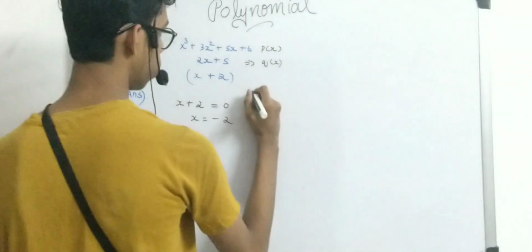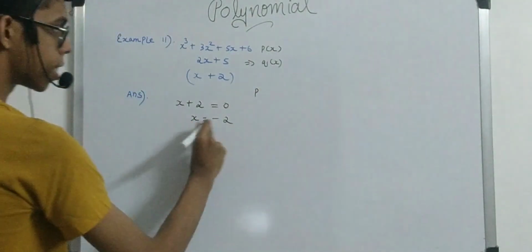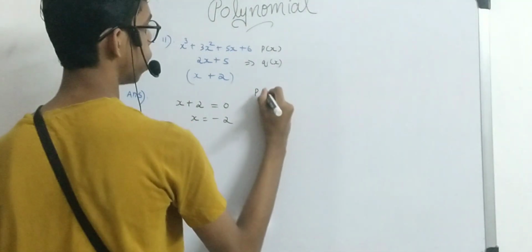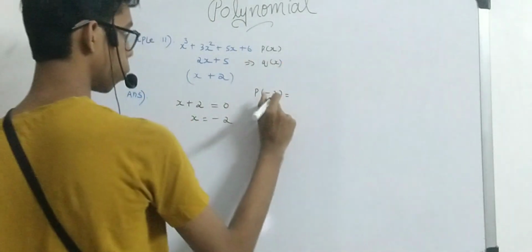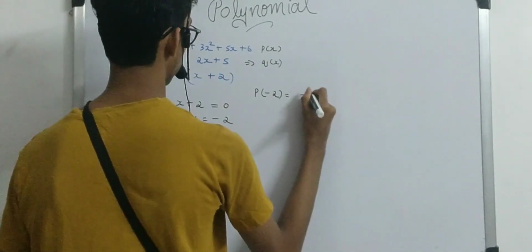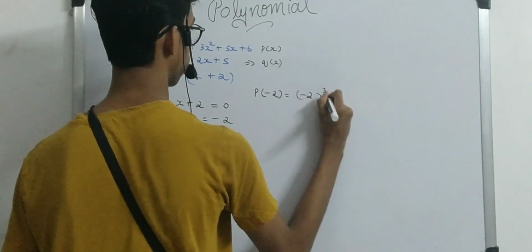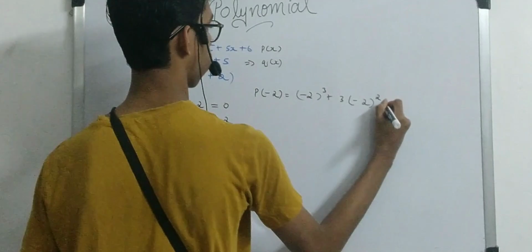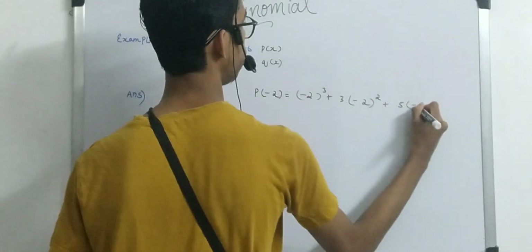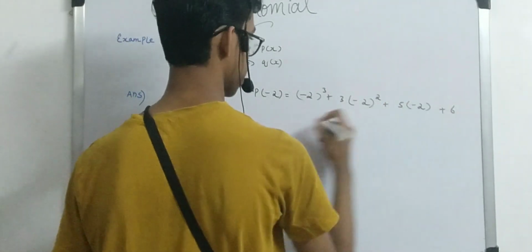of x. Here we got x is equal to minus 2, so we have to find the value of p of minus 2. Substitute minus 2 in place of x: minus 2 the whole cube plus 3 into minus 2 the whole square plus 5 into minus 2 plus 6.